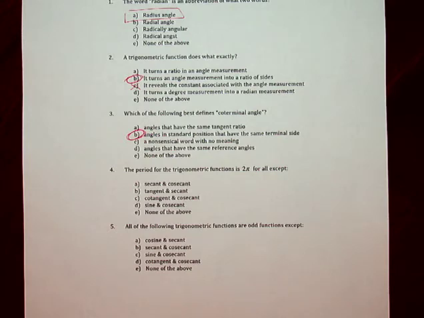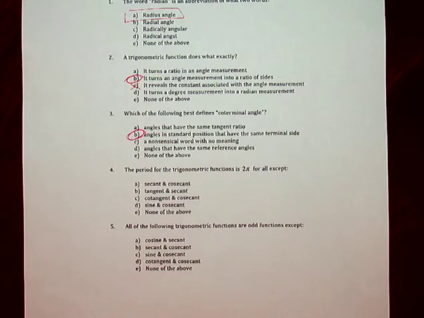The period for trigonometric functions is 2 pi for all except, well, like I said when we had class the other day, I'm not so much worried about you understanding the period right now. In years past, I've introduced it because the book introduced it during these sections, but I find it's more helpful to talk about the period when we start constructing the graphs.